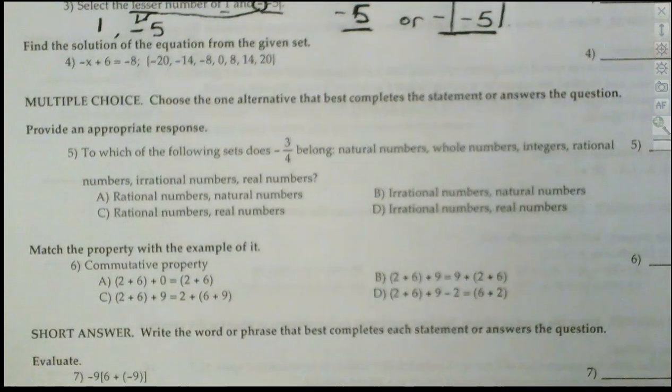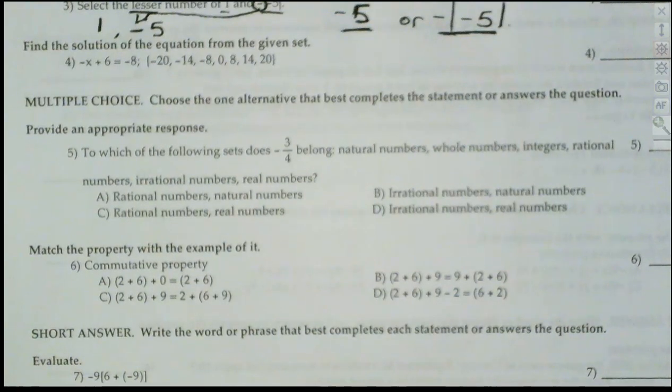Is negative 3/4 rational or is it irrational? And what's the difference? Well, let's just take a moment to review. Rational numbers, what are those? Those are whole numbers, fractions, and decimals that stop. What are irrational numbers? Well, irrational numbers are special numbers like pi, and decimals that never ever stop.